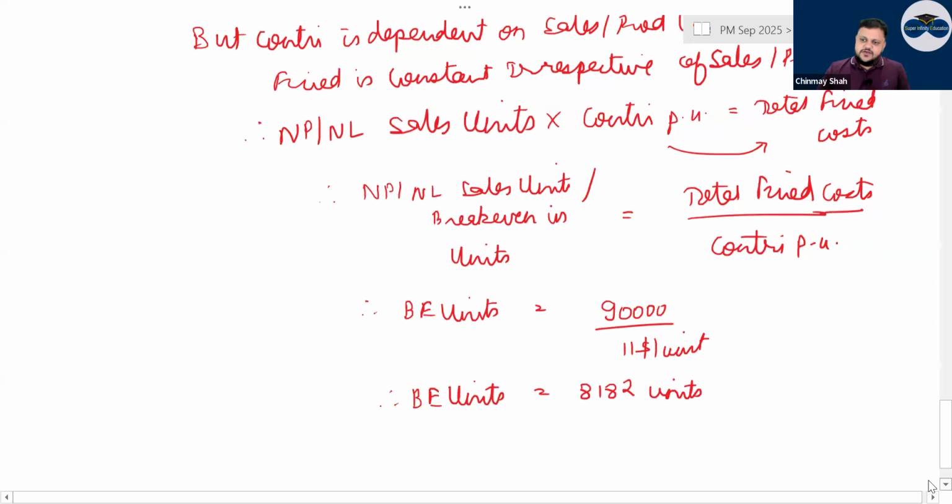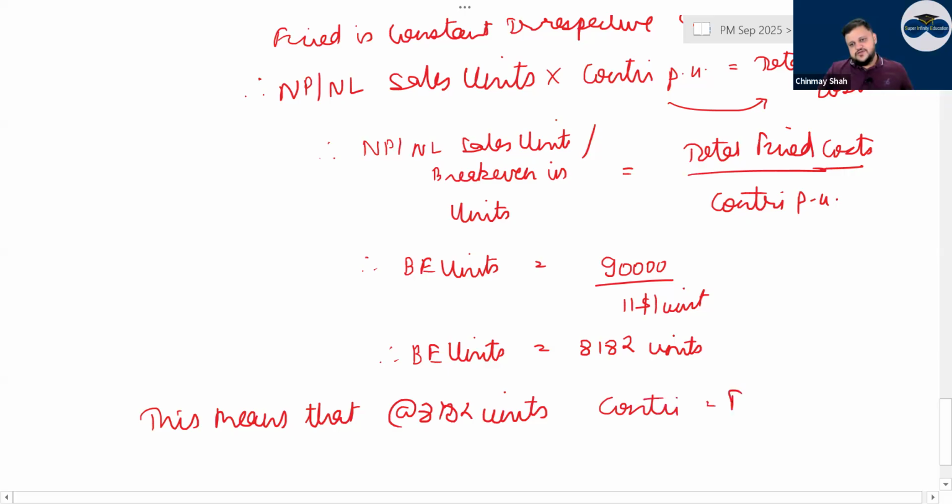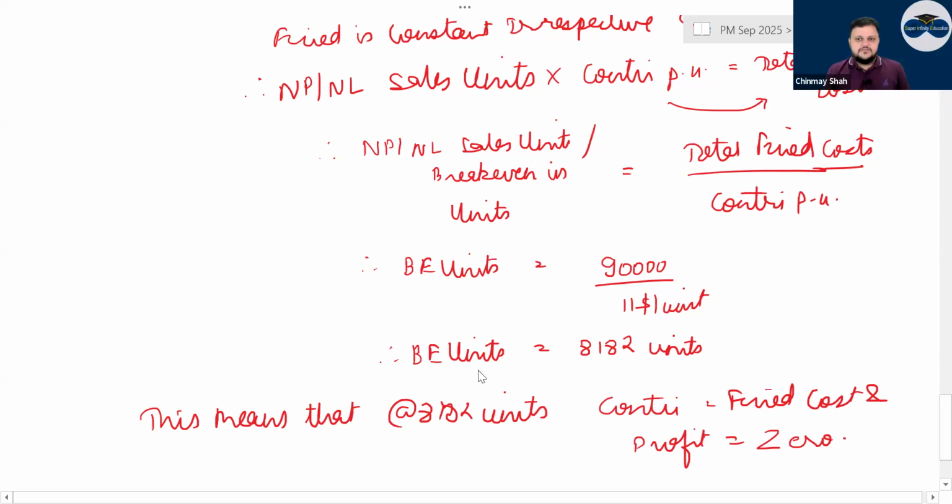This means, interpretation: at 8182 units, contribution will be equal to fixed cost and profit will be how much? Zero. This is the break even point.